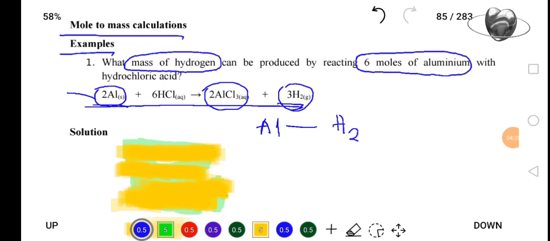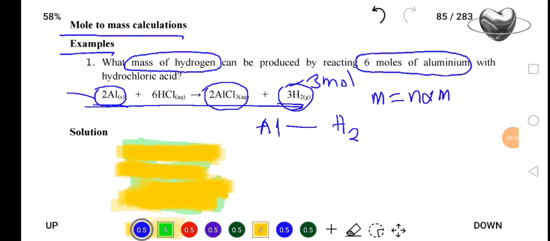So we are going to convert the number of moles of hydrogen produced to mass by saying, since we have 3 moles of hydrogen, mass equals number of moles times molar mass. Remember, my dear learners, what I said.